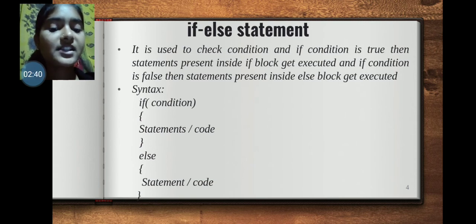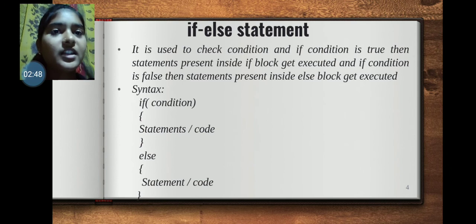Now we see syntax of if else statement, where if and else both are separately written. See here the syntax, if statement, in brackets condition, then bracket close, then in curly brackets statement, curly bracket close, then else, and in else, curly brackets statement and bracket close.